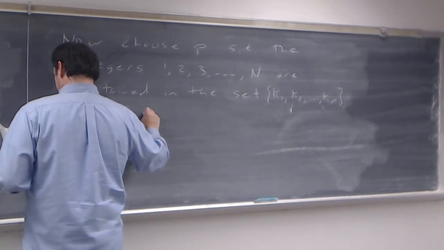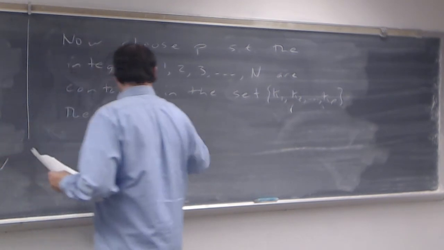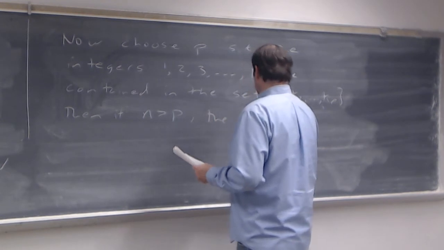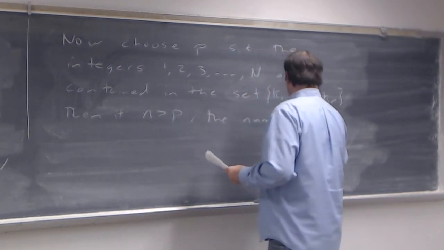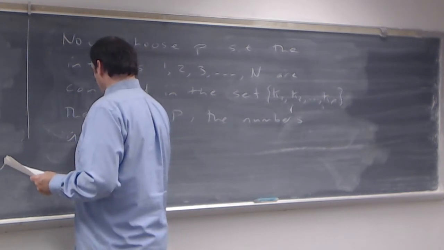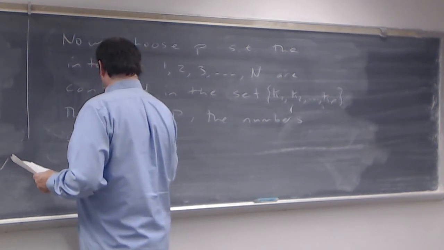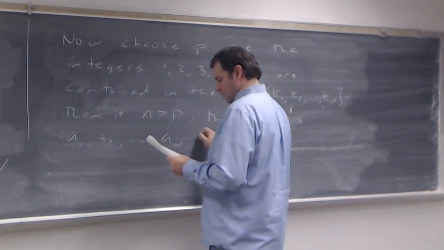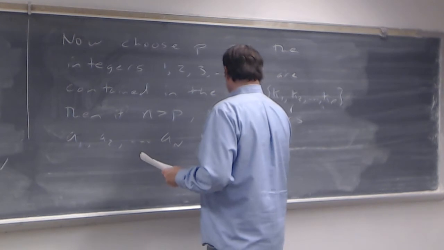Then, if little n is greater than p, the numbers from the original sequence that we're summing up, a sub 1, a sub 2, all the way up to a sub N, will cancel.